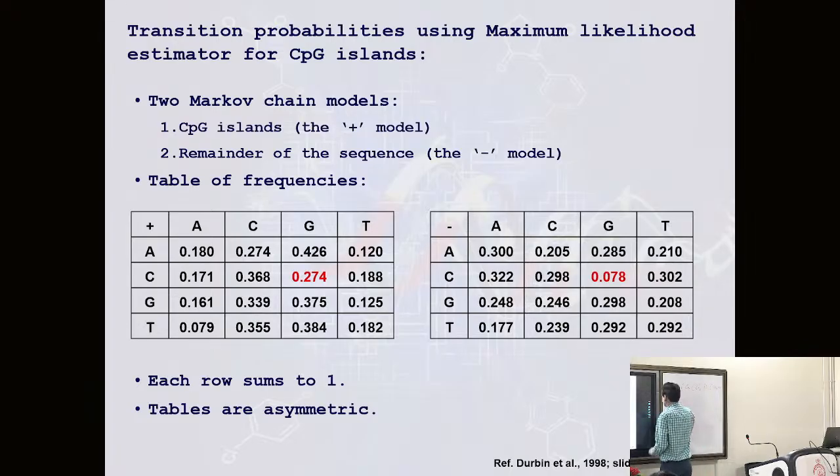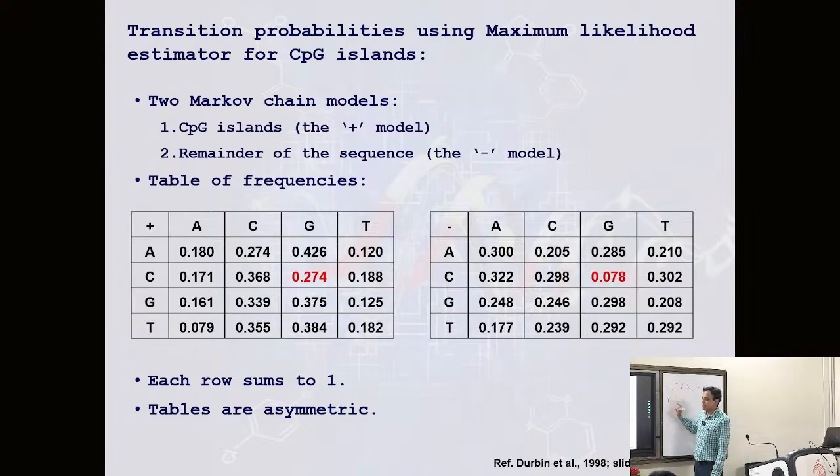You want to use these already trained models to predict whether this sequence is a CpG island or not. So, you would want to compute the probability of this sequence to be a CpG island.